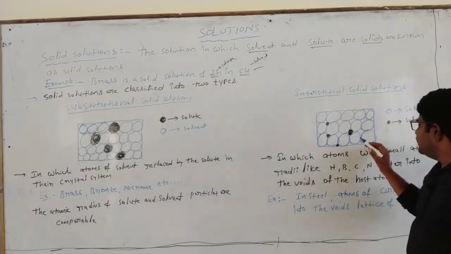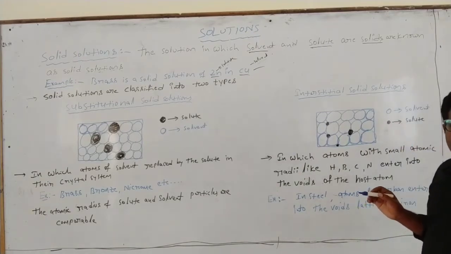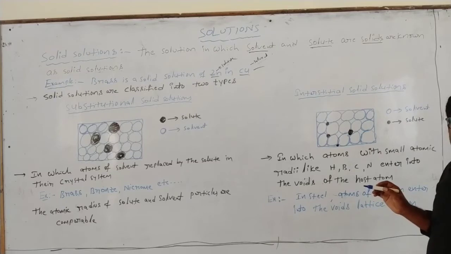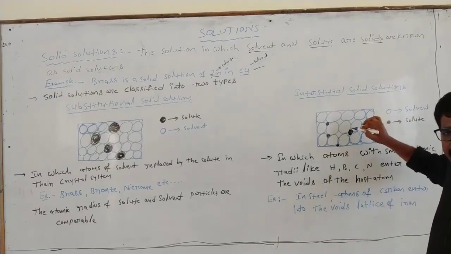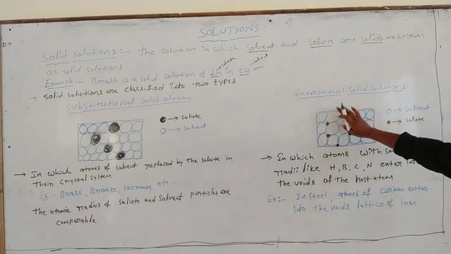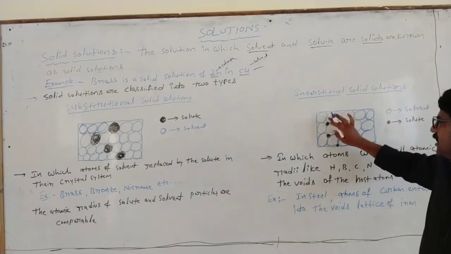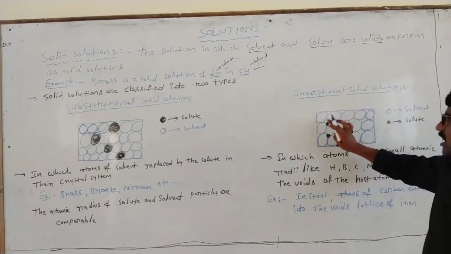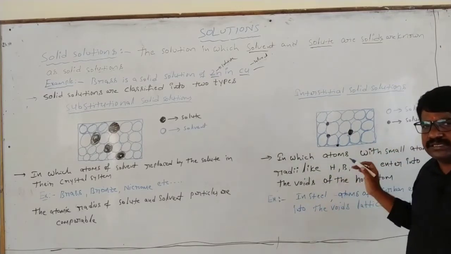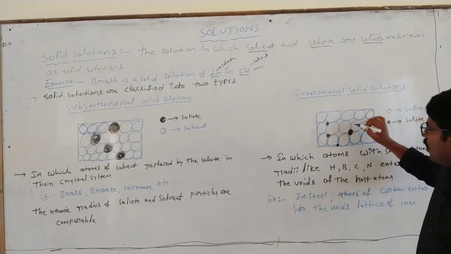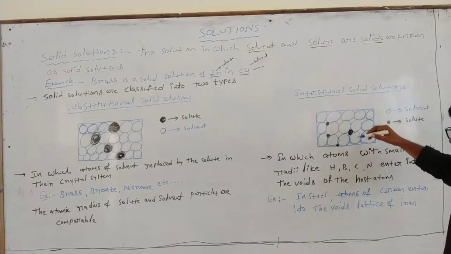In this, atoms with small atomic radius, like hydrogen, boron, carbon, and nitrogen, occupy the interstitial sites of the crystal system. For example, consider the solvent particles as the host. The atoms with small atomic radius enter into the voids of the host cells.